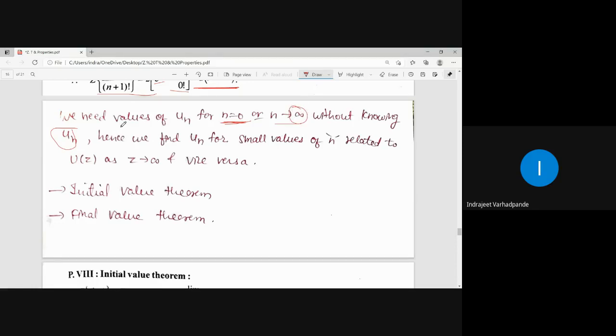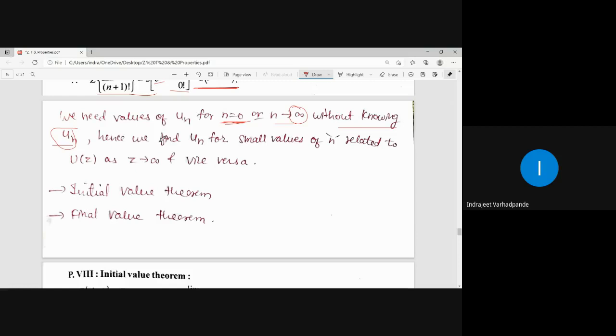So in this case, we need the values of un for n equal to 0 or n tends to infinity without knowing un. Here you may not even know the sequence, still you can find the initial value and the last or final value with the help of this theorem, which is called the initial value theorem or final value theorem.